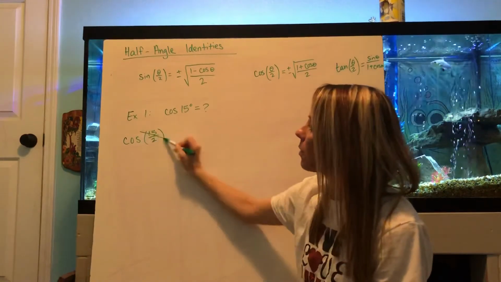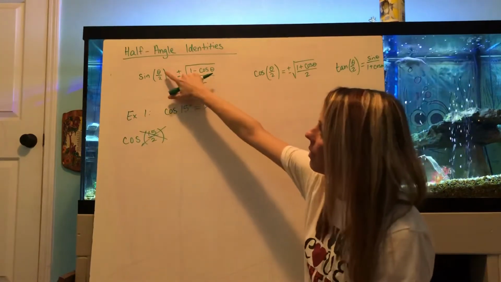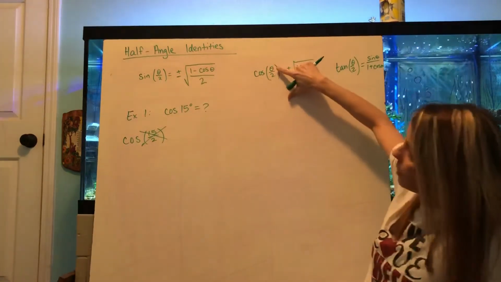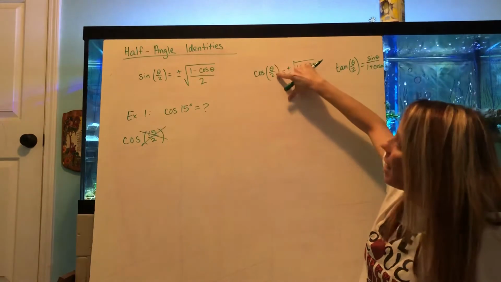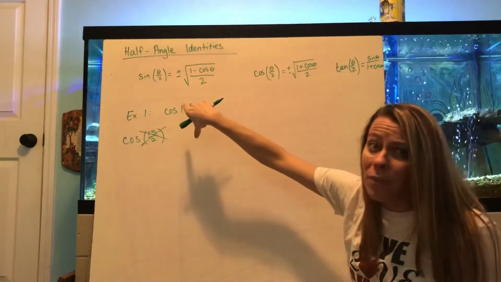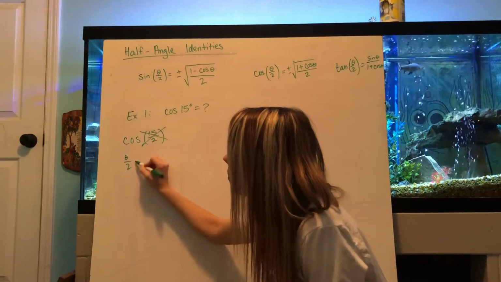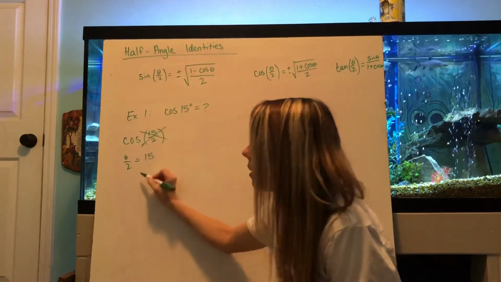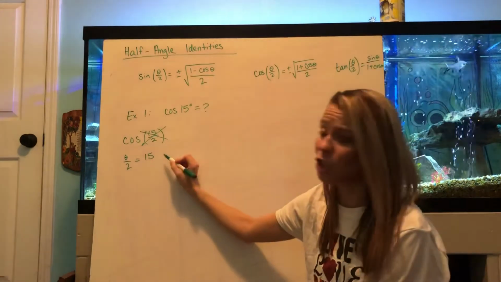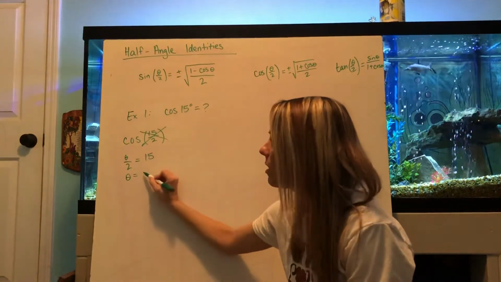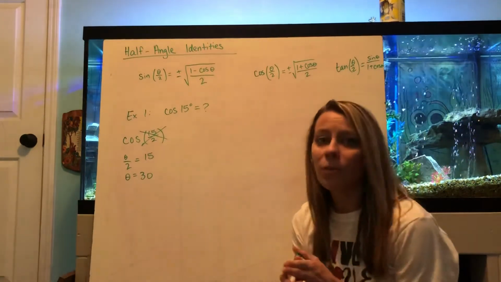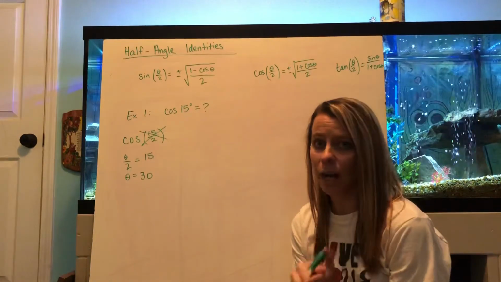That is absolutely not what we want, because theta over 2, this whole quantity, needs to be 15 degrees. So if theta over 2 needs to be equal to 15 degrees, multiply both sides by 2, theta actually needs to be 30, which is helpful because I know a lot about 30-degree triangles.